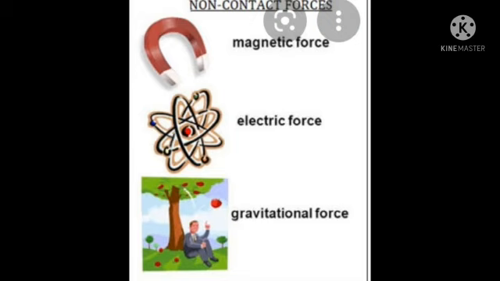So students, as you can see in the above slides are the examples of non-contact force. As I explained, the magnetic force, the electrostatic force or electric force, and the gravitational force. In the third picture of this slide, the apple is falling and the man is sitting beneath that tree, but he is not applying force to break the apple.